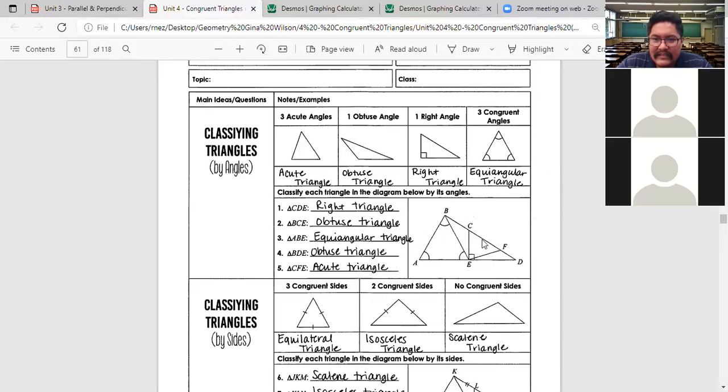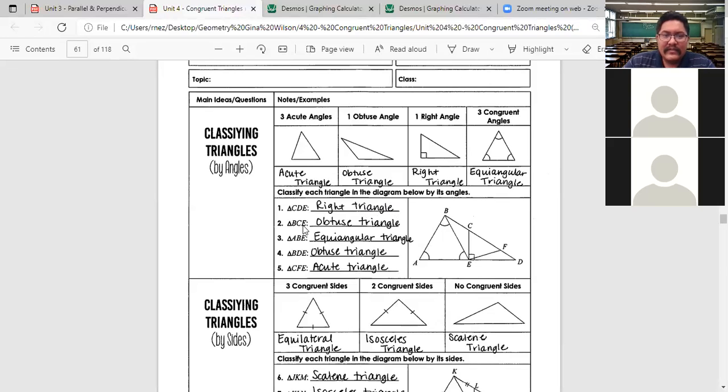So we just have to trace that, CDE. So they're talking about this triangle right here. And again, I'm tracing it just so that you can easily see which one it is. And I know there's a lot of stuff going on here. Just try to ignore the rest of it and just focus on here. So CDE. And it has a right angle in there, so that would make it a right triangle.